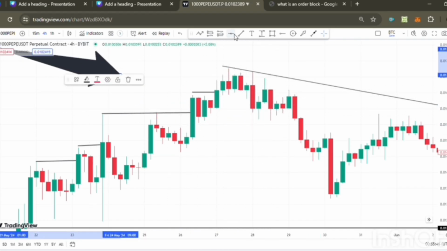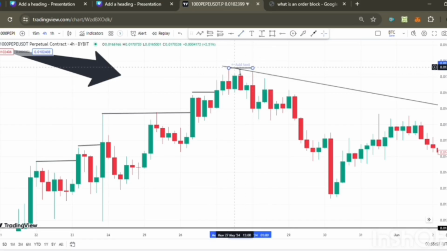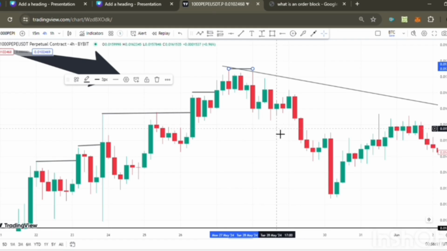Because the market could not make a further movement to break this swing high here, which resulted in the break of the uptrend structure. So the market starts coming down, making a change of market direction, which is change of character.